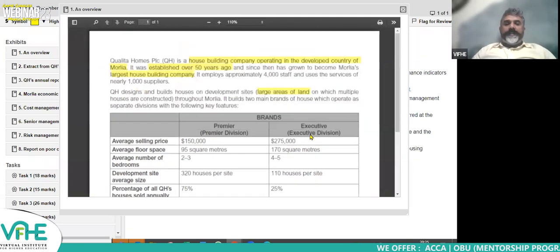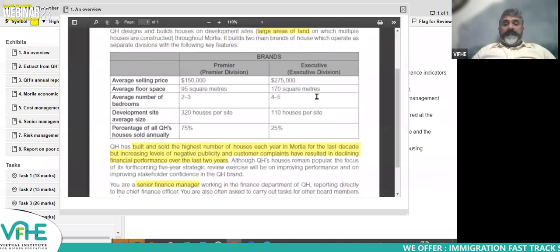All right. So basically, it's Quality Homes, QH, a house building company operating in a developed country of Morlia. It's a very old established company and it is the largest house building company. It builds large projects. They have two types of houses.